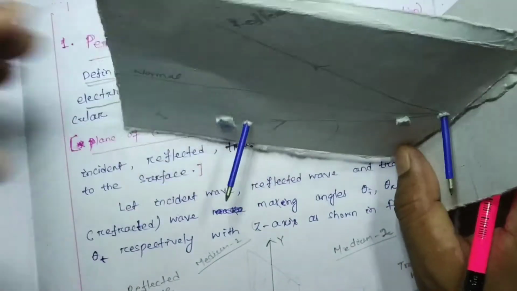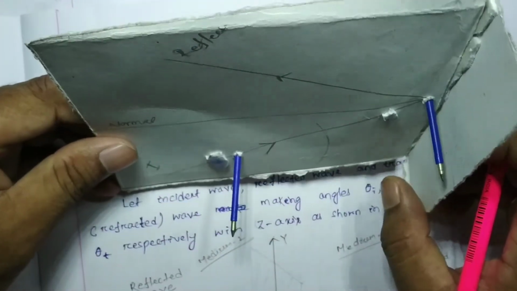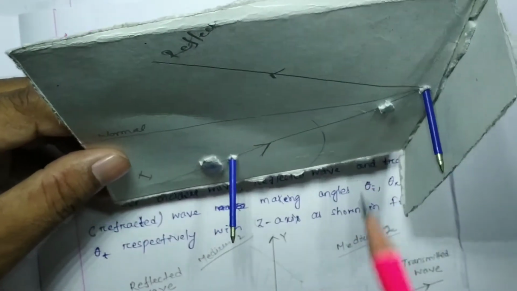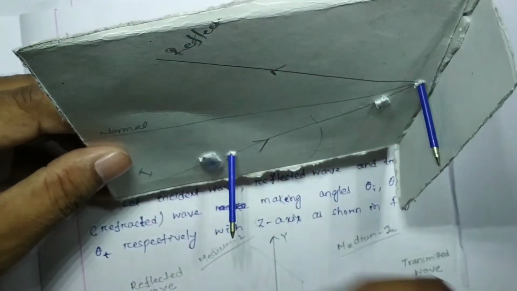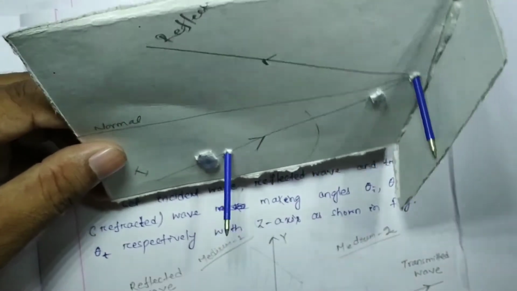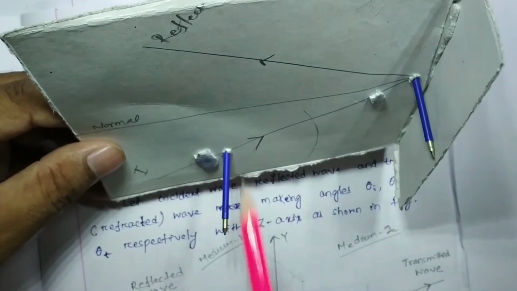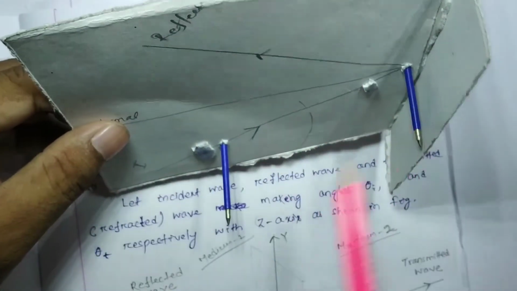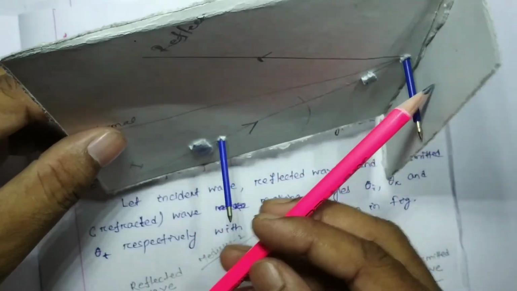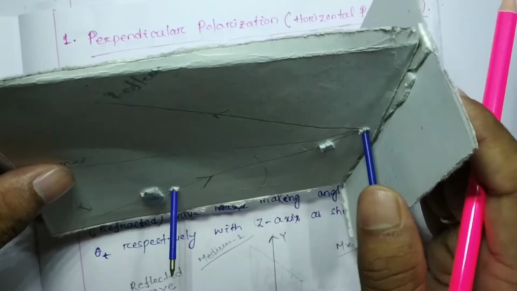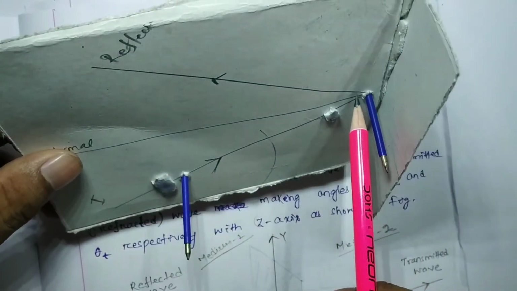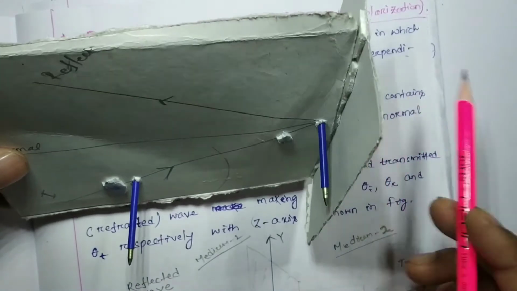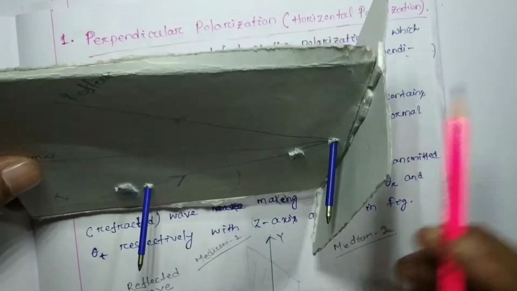So here, for perpendicular polarization or horizontal polarization, what we discussed in our last class, for that case, the electric field vector is perpendicular to this plane of incidence and strikes the interface. Part is reflected, and part will be transmitted in the second medium.